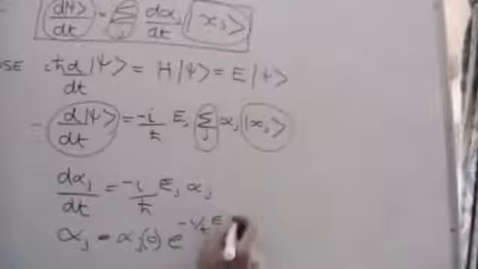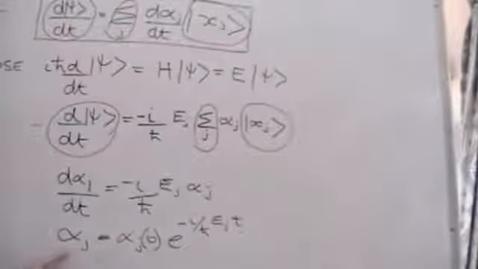Now whenever you have, and we've seen this before, a differential with respect to a term that equals a constant times that term, then the solution is the famous exponential. So alpha j is going to be equal to alpha j at time 0 times e to the minus i over h bar ej t. Alpha j will be alpha j at time 0 times this term here.